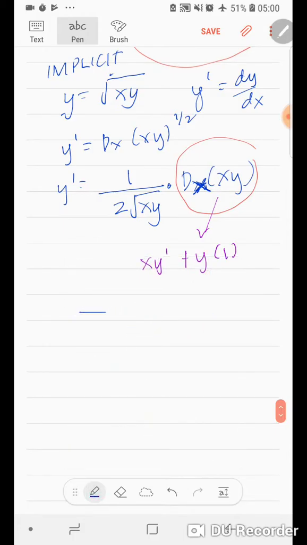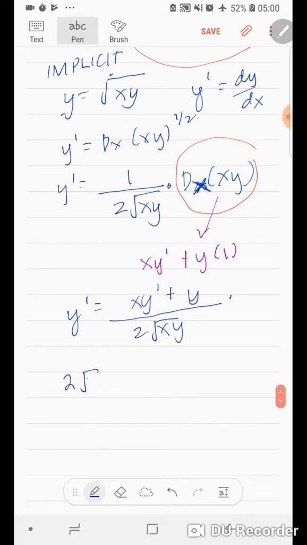Simplifying further, y prime is equal to 1 over 2 square root of xy times xy prime plus y, and then trying to simplify, 2 square root of xy times y prime is equal to x y prime plus y.